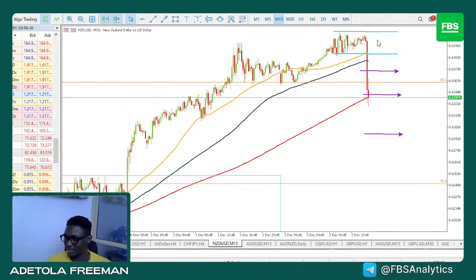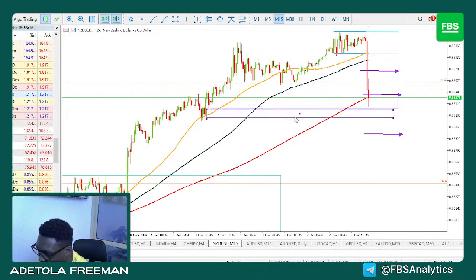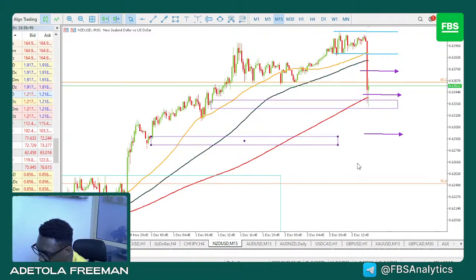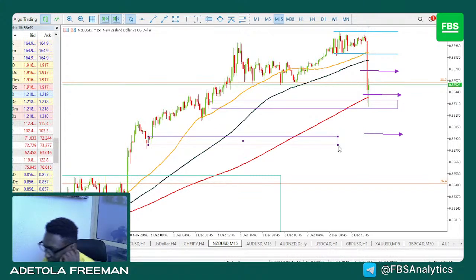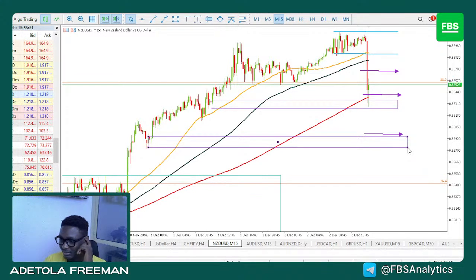So NZDUSD is currently at TP2, facing some resistance from this zone. But I think that it's cleared that zone already. It's probably going to clear that zone, and then this would be the area for our final take profit. Somewhere around here will be the zone for our final take profit.